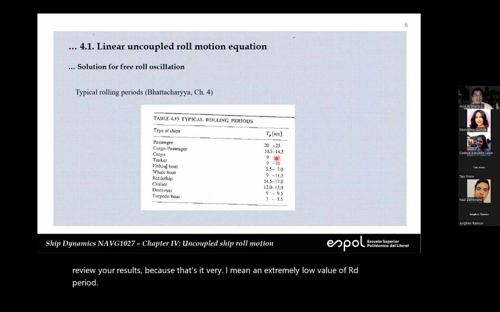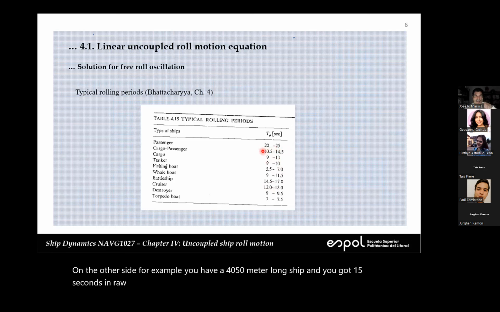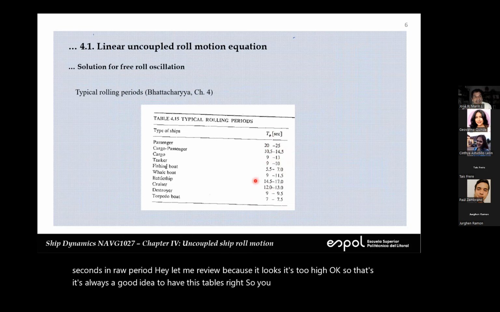On the other side, if you have a 40 or 50 meter long ship and you got 15 seconds in roll period, let me review, because it looks too high. So it's always a good idea to have these tables, so you can have a general idea what to expect.